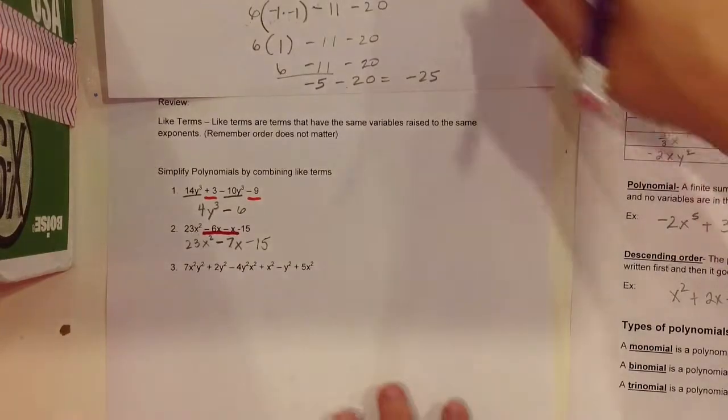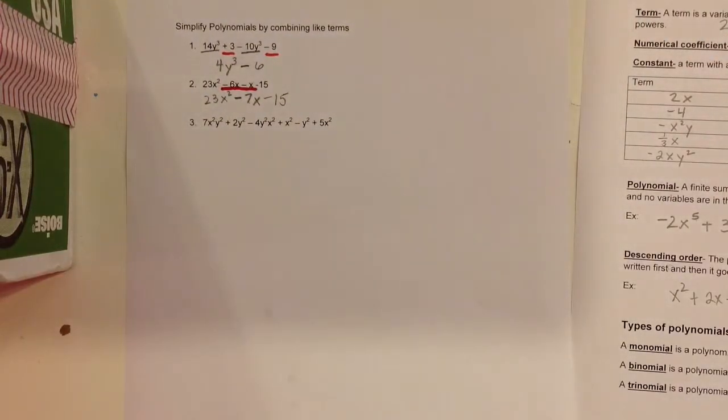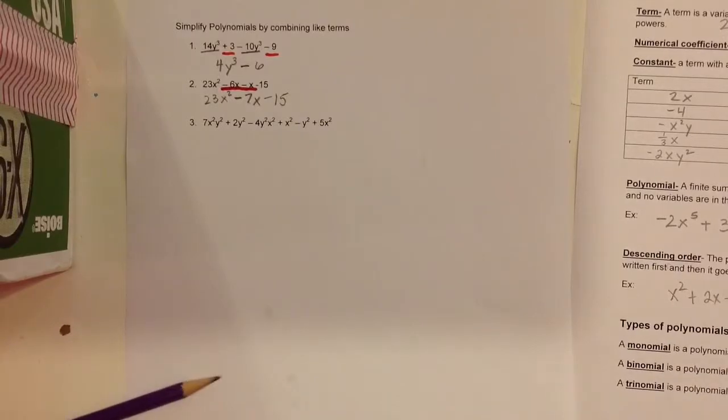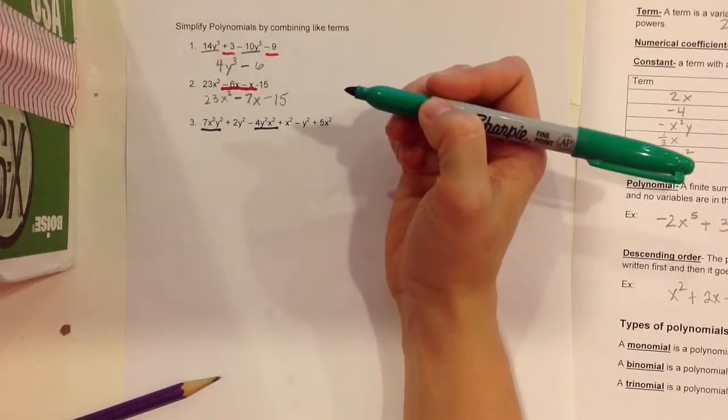Okay, and the last one we have has a lot of fun stuff in it. Now this one's a little harder to figure out what's like and what's not because a lot of the things look similar. So notice that we have an x squared y squared. We also have an x squared y squared here, but it's out of order.